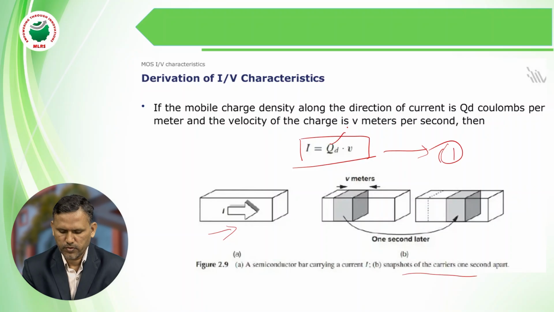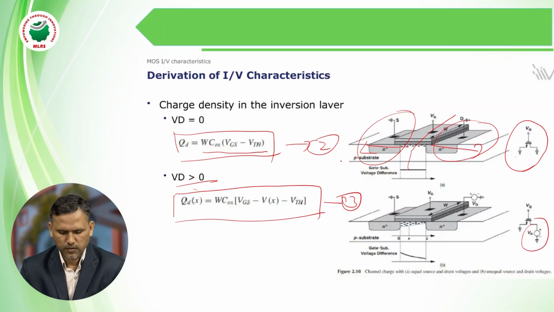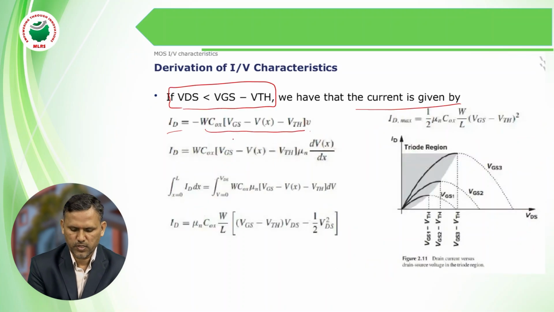Here we derived the equation for QD and now substituted it in equation 1. Then you have to apply these two conditions: VD equal to 0 for one case, VD greater than 0 for the other. So this is the one equation.